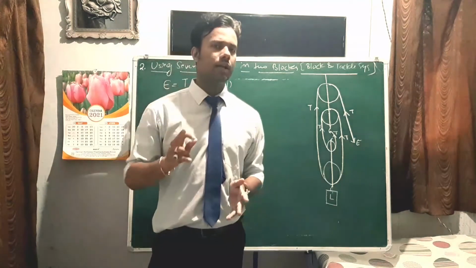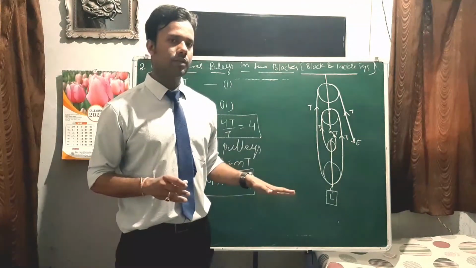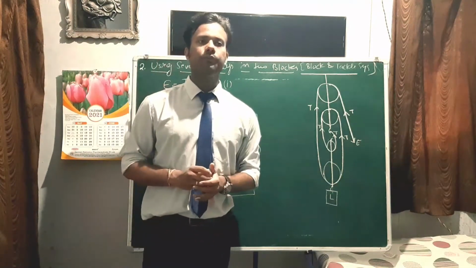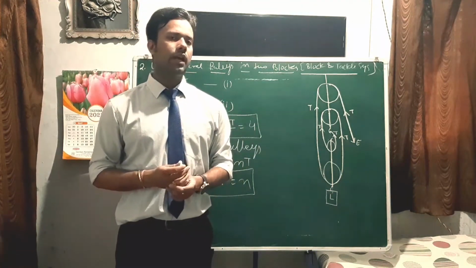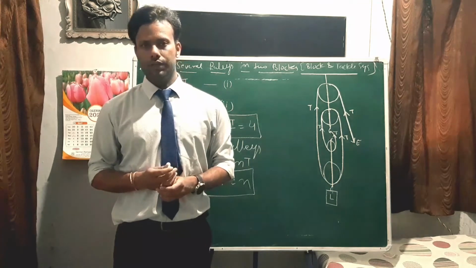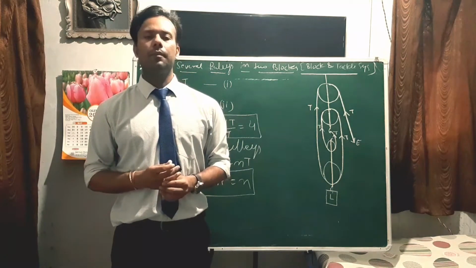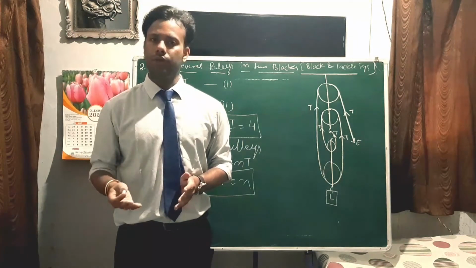Let's take one more example when we have 5 pulleys, because this was a 4 pulley system. When we have 5 pulleys, if you remember I told you, in one block there might be 3 pulleys and in the second block there might be 2 pulleys, right? I told you that in the upper block we can have one extra pulley.